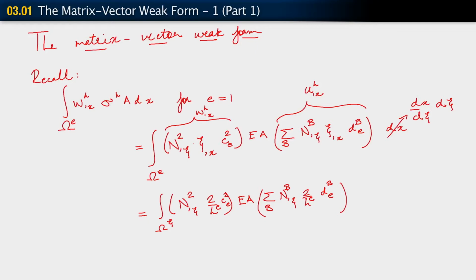All right. Now dx d xi we know is he over 2 d xi. All right. And as we did in the segment last time, those cancel out.